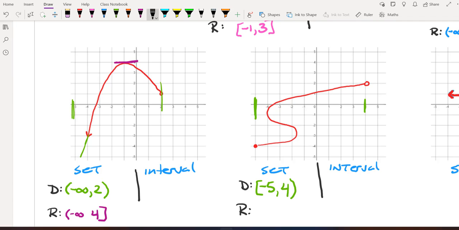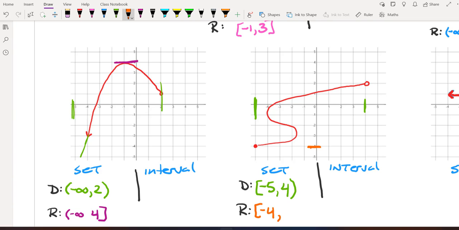Okay, range. What is the lowest? We're going from lowest to highest. We're looking at the lowest value, which is right here, at negative 4. Does negative 4 get a square or a round bracket? Square, it's a solid dot. And then on the other side, is 1 the highest the graph can go?